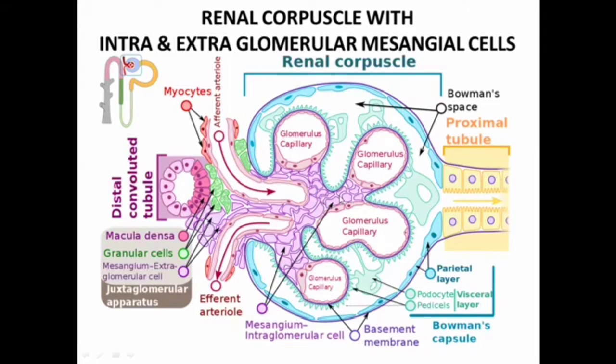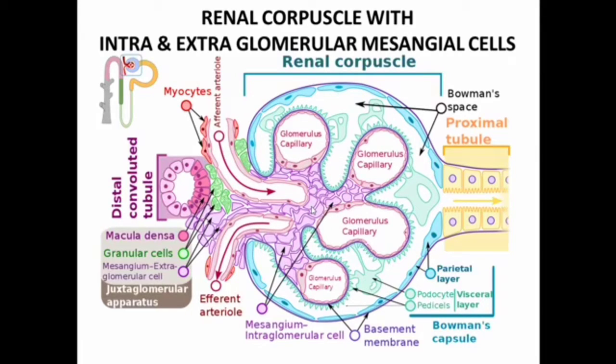Now, what are the functions of these intraglomerular mesangial cells? They perform multiple functions. First function is that they perform phagocytosis. What do they phagocytose?